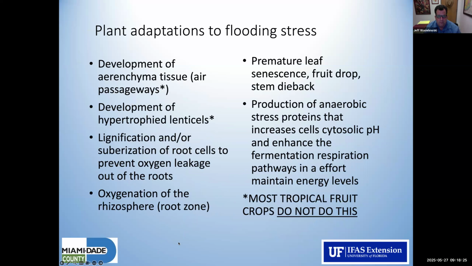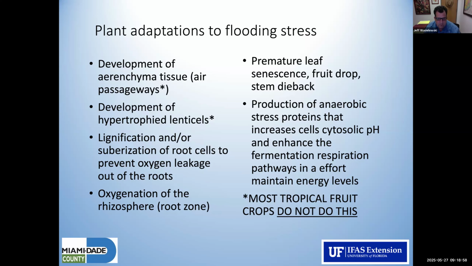So what can the plant do? It can develop parenchyma tissue. It can develop hypertrophied lenticels. And those two, if you look, the asterisk at the bottom right, most tropical fruit crops do not do this. Lignification or suberization of root cells to prevent oxygen leakage out of the root, so it can kind of close itself up, get a little woody.